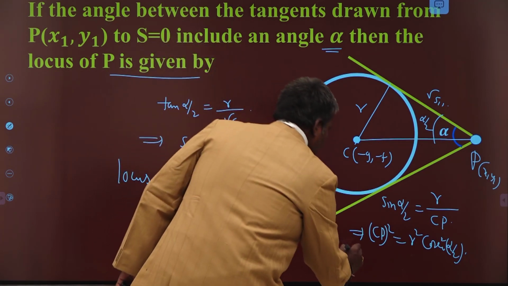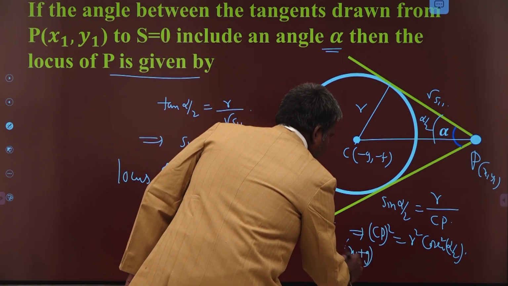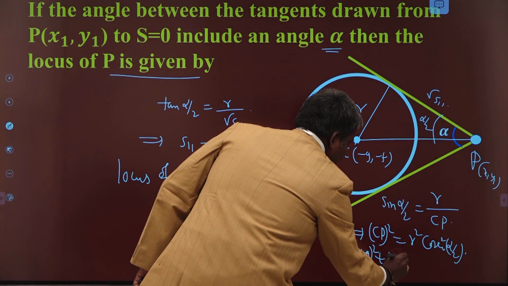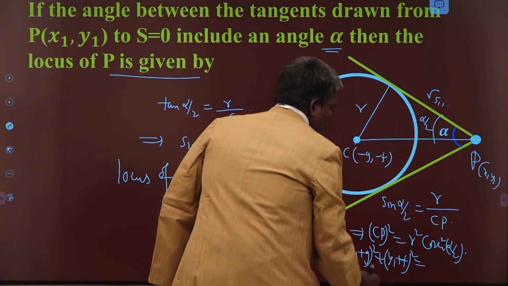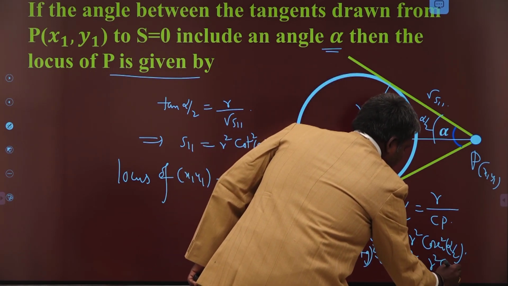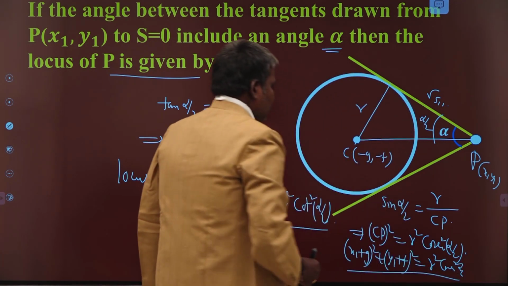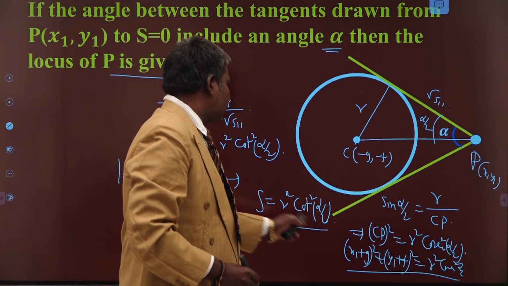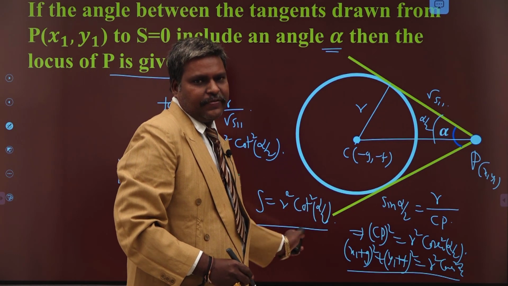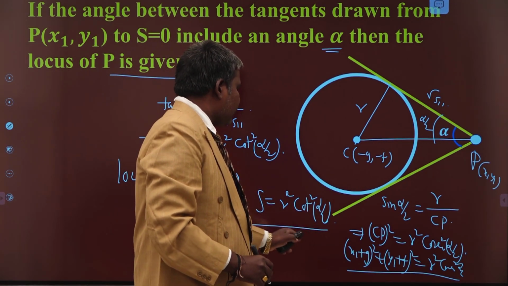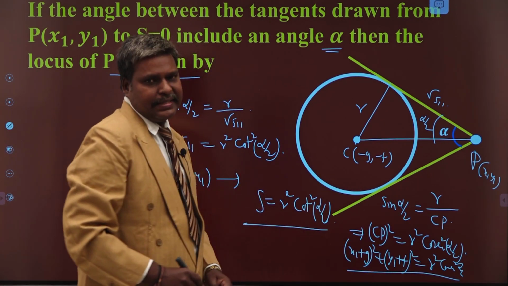What is CP square? x1 plus g whole square plus y1 plus f whole square is equal to r square cosecant square alpha by 2. This is the way. Both are same. These are two expressions in different forms, but by simplification from one to another we obtain easily.